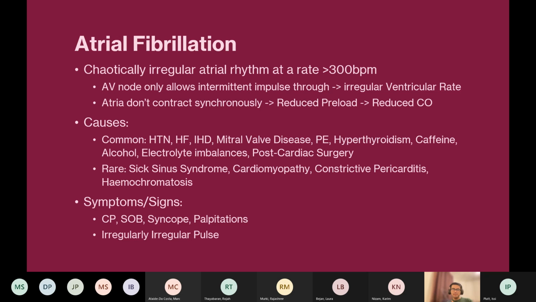Hopefully you won't see it, because it's used to treat atrial fibrillation, in a specific instance, which we'll talk about a little bit later. Thyrotoxicosis, fantastic. I was going to ask if you know any endocrine causes. So mitral valve disease, high blood pressure, thyrotoxicosis.